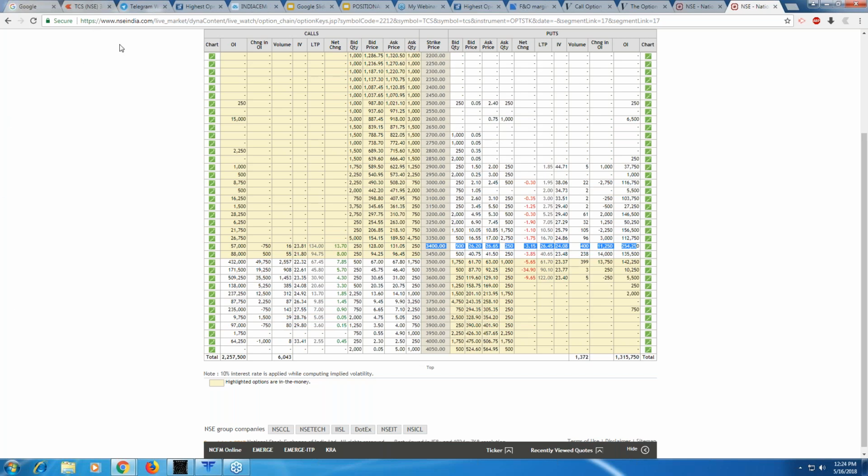Now even if they have done this, there is a possibility a news comes in and the TCS stock just goes up and up and up till 3,700, right? What will happen? These guys who have sold, this premium of 31 rupees will become 60 rupees. They will not exit their trade with losses. Remember that. What will they do?